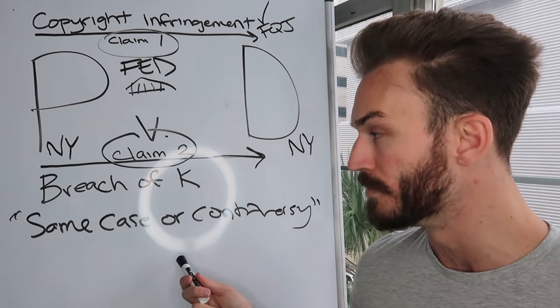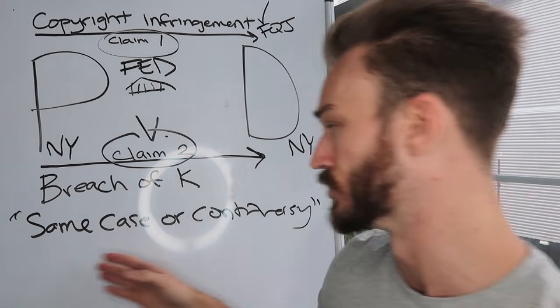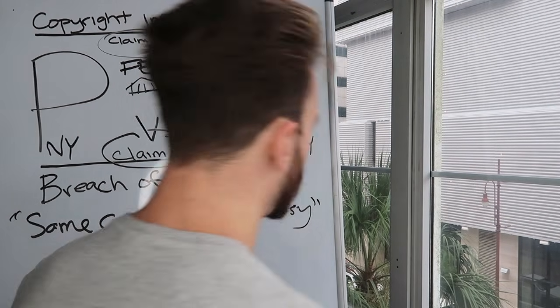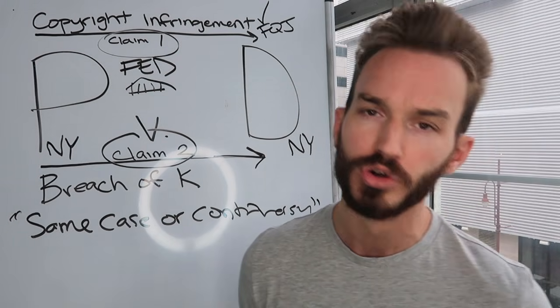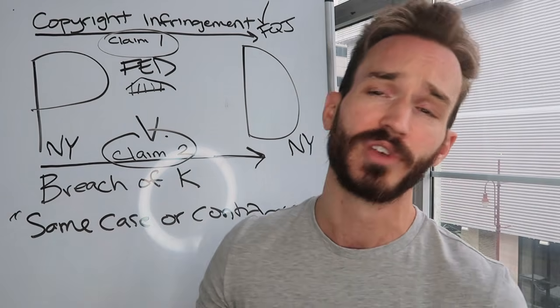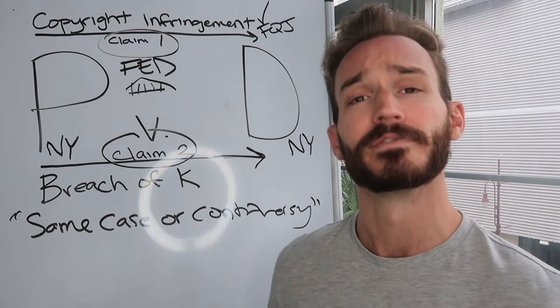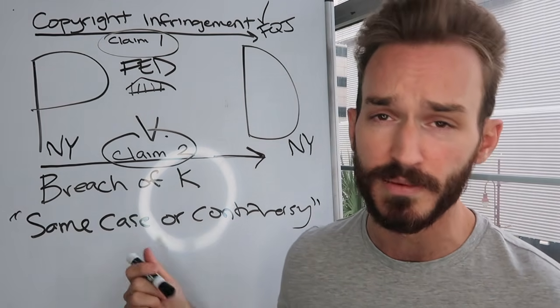So how do you determine if claim 1 and claim 2 constitute the same case or controversy? Well, this is where in law school you'll learn the common nucleus of operative fact test, right? Your professor will tell you if the claims arise out of a common nucleus of operative fact, then they constitute the same case or controversy.